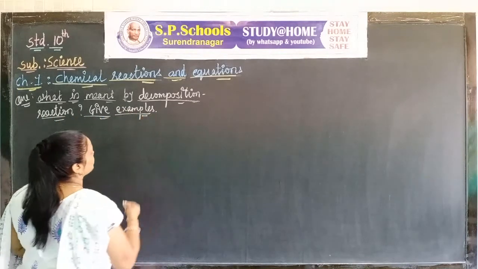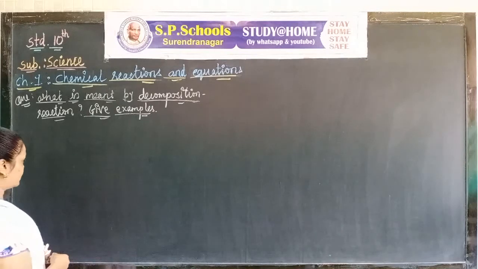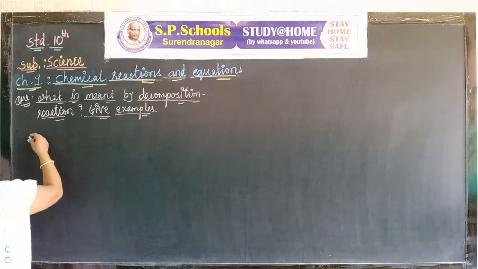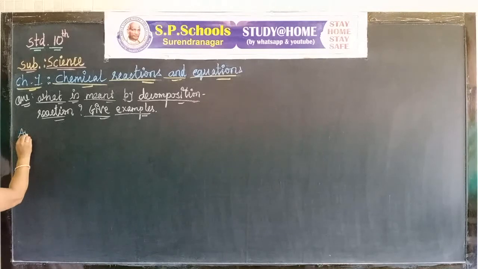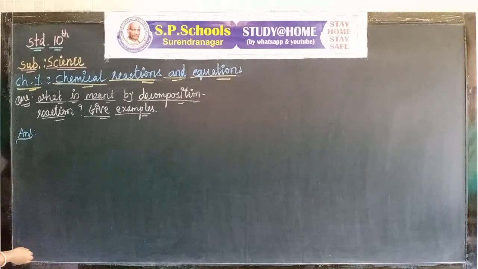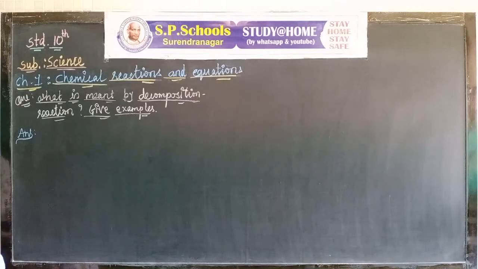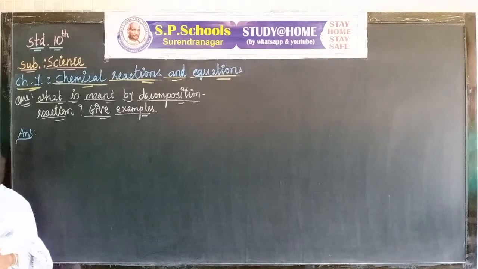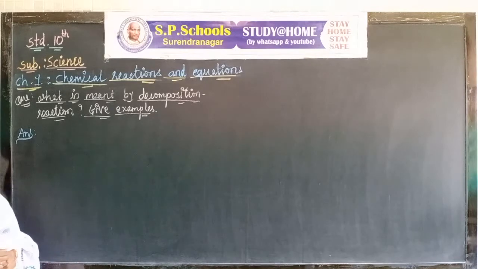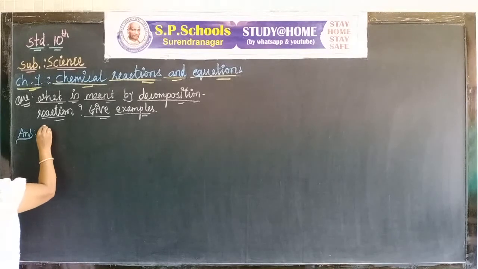Give examples. First we write the definition of decomposition reaction. After activities 1.5 and 1.6 we know the simple thing is that one substance gives one or more products. When heating one substance, it is converted into one or more products. It is called decomposition reaction. Simple, right?